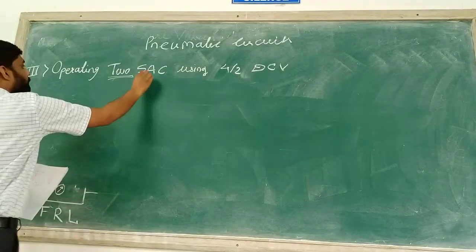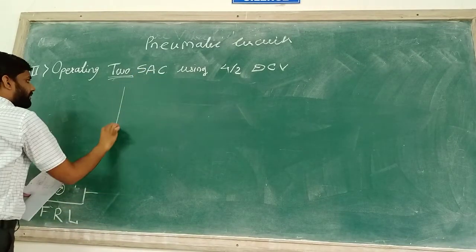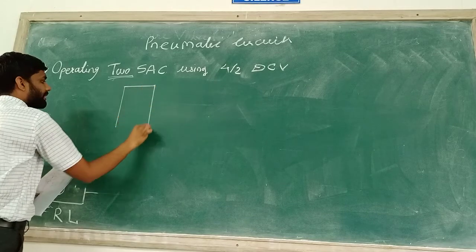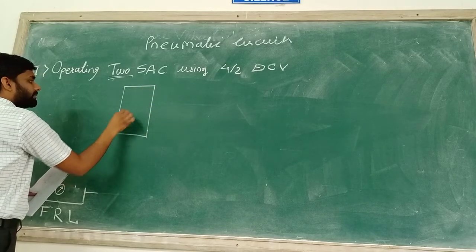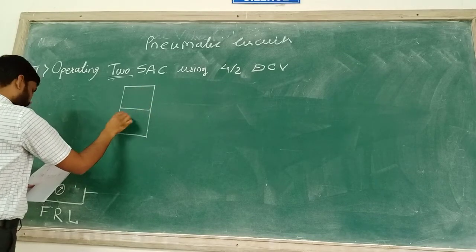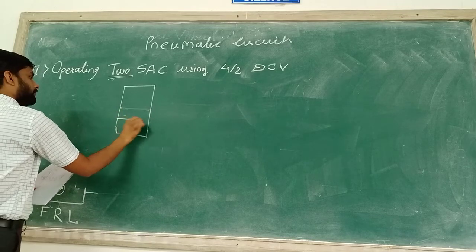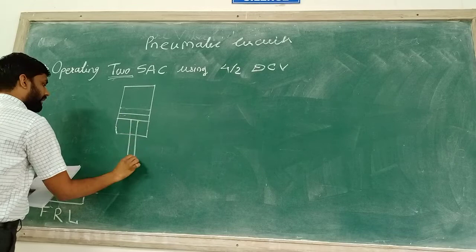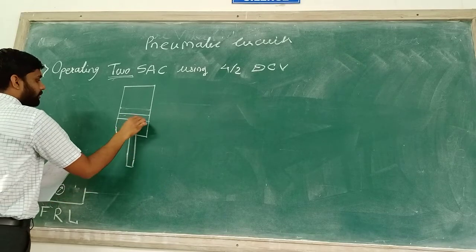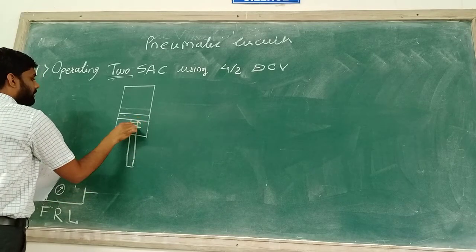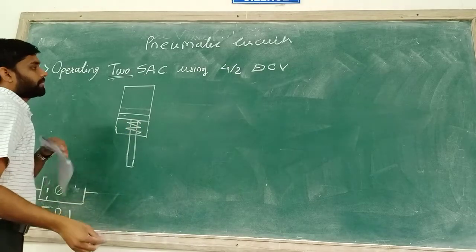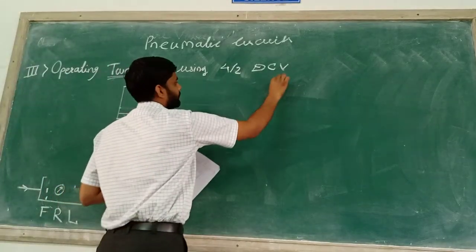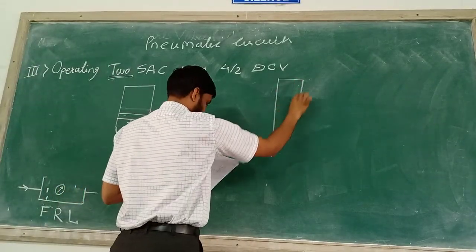So here we need two single acting cylinders. So here I am going to draw these two single acting cylinders like this. The one cylinder. As the cylinder is single acting, it should come with the spring here. This is one single acting cylinder. This is another single acting cylinder.